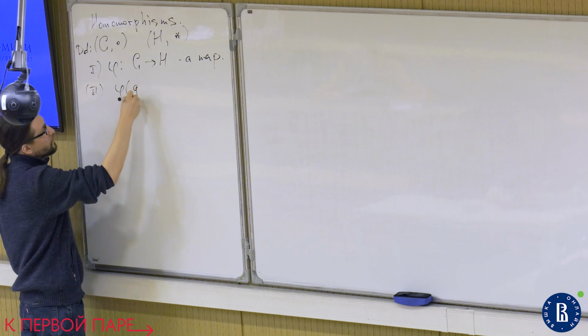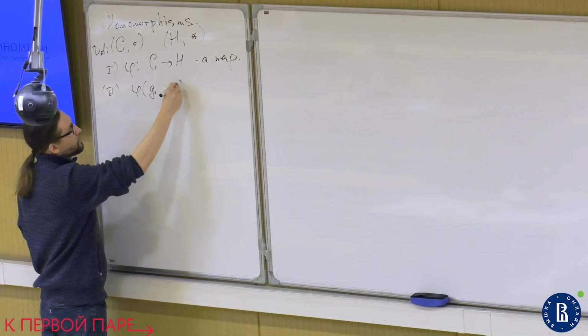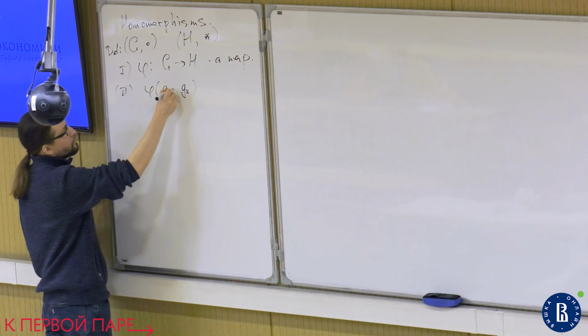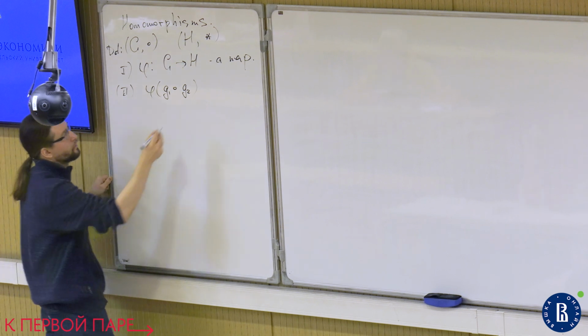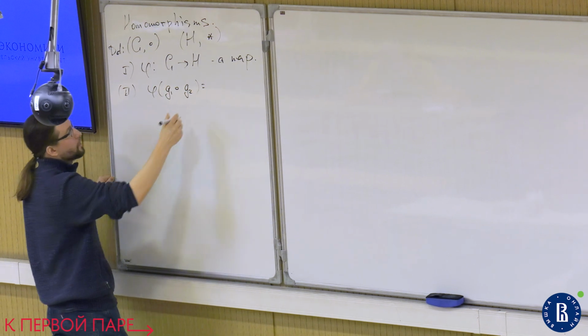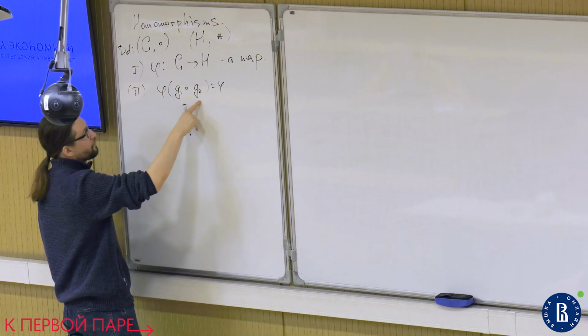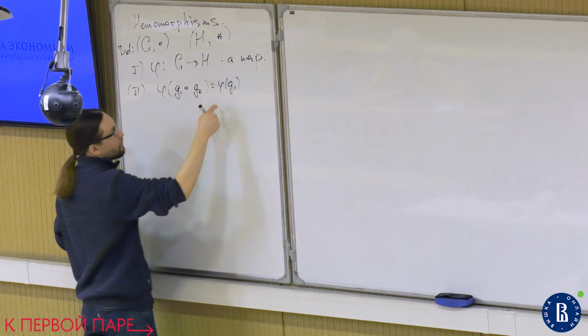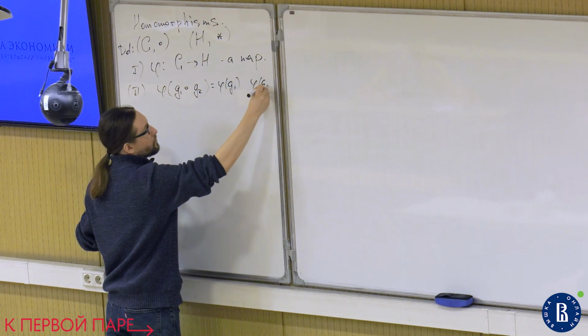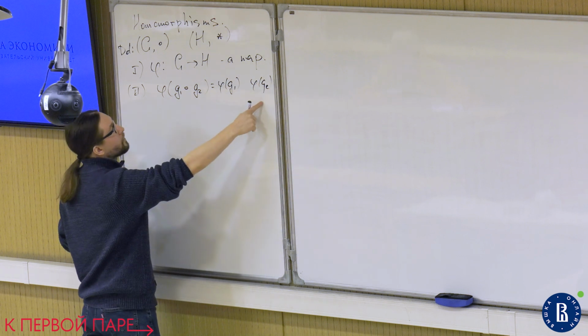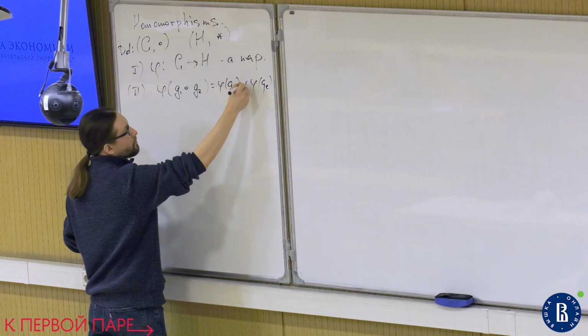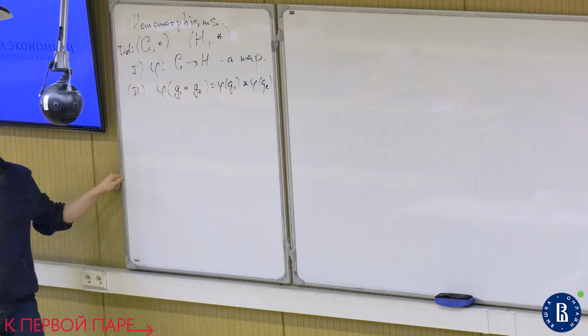If you take two elements, g1 and g2 from the group G, and multiply them, the result must be the same as you take the image of each element, phi of g1 and phi of g2, and then multiply the images by the operation in the second group.